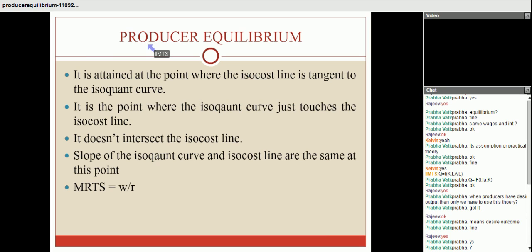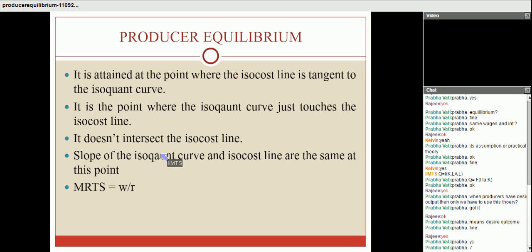Now, coming to producer's equilibrium, it is attained at the point where the isocost line is tangent to the isoquant curve. It is the point where the isoquant curve just touches the isocost line. It doesn't intersect it. As we have seen in consumer theory, the consumer's equilibrium, you remember the indifference curve analysis when different combinations of goods were used. We saw a similar thing there, so it is very similar to that.